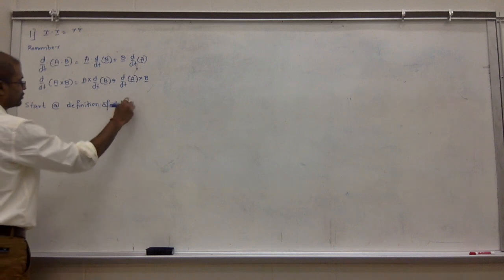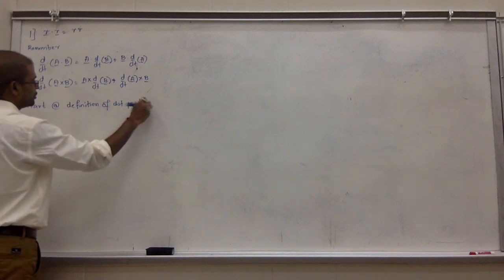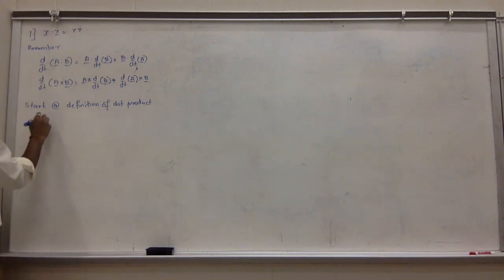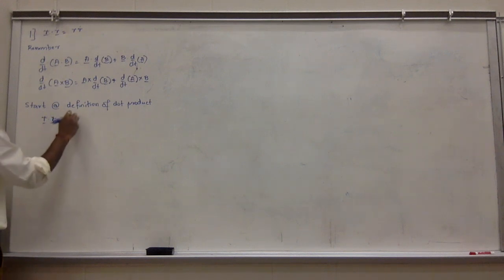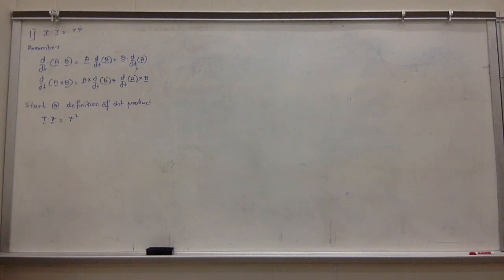Okay. One of the definitions of dot product is R dotted with R is equal to R square. I'm sure everybody is clear about this.